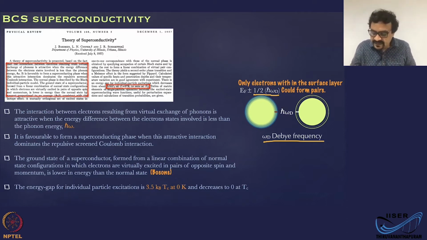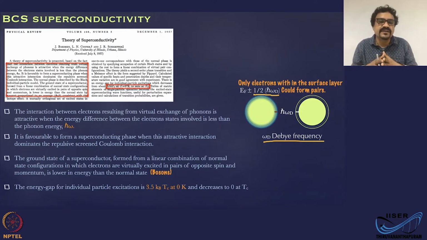And this will decrease to 0 at Tc, because Tc is where you get this Cooper pair. When you increase the temperature, this energy gap will reduce, and eventually the gap will close at Tc, the critical temperature.